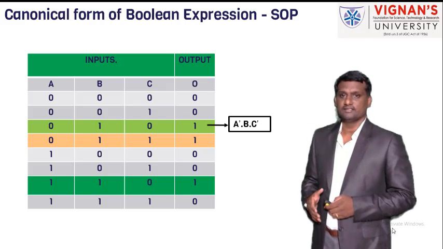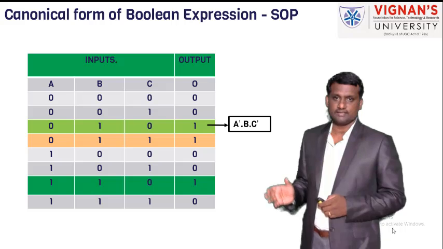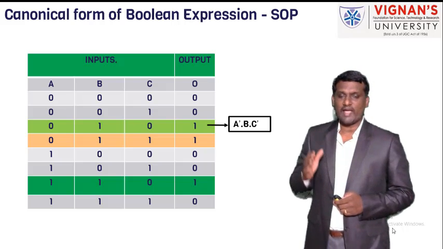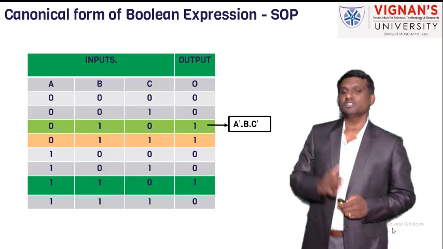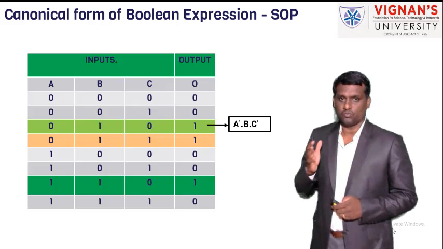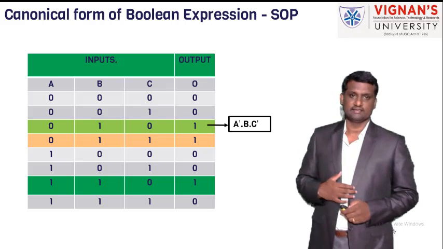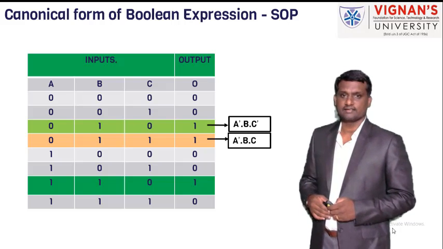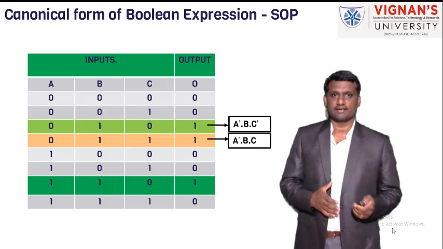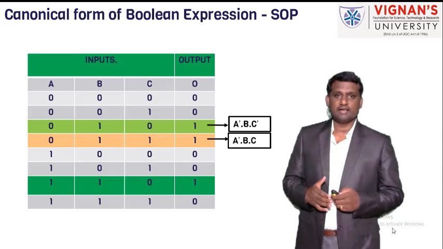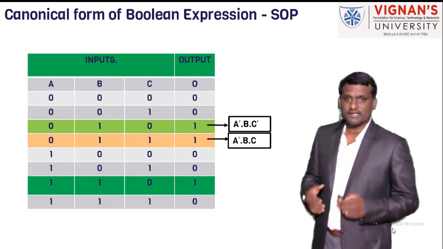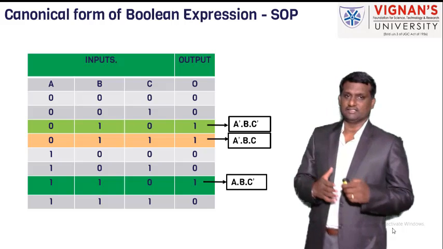Similarly, if you observe the second combination, 0, 1, 1, because it has output 1, while preparing sum of product terms from the truth table we should consider only the combinations with output 1. So for the second combination 0, 1, 1, the equivalent Boolean expression in product form is A bar, B, C. The third combination is 1, 1, 0.